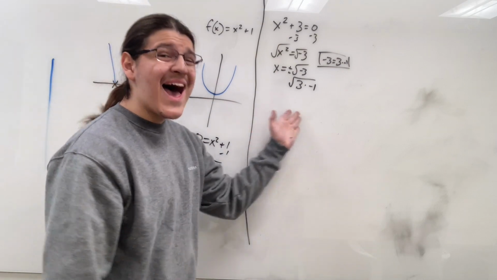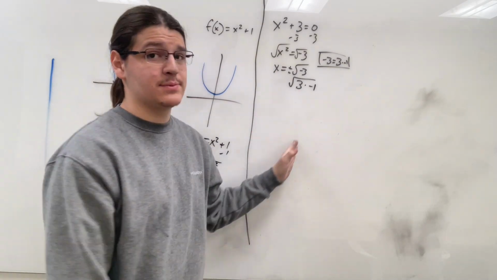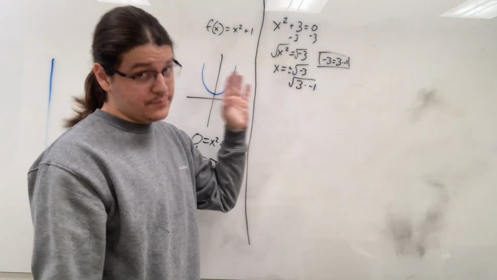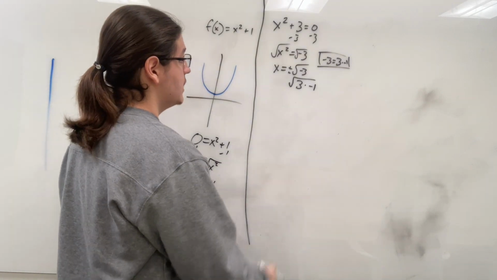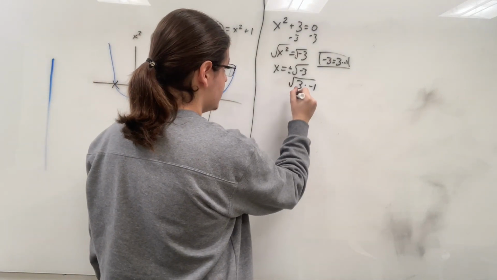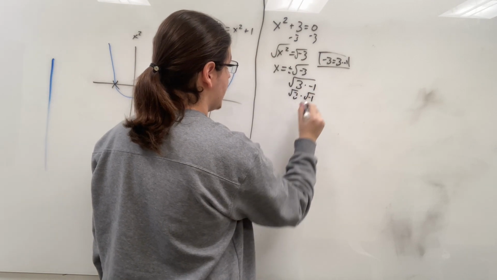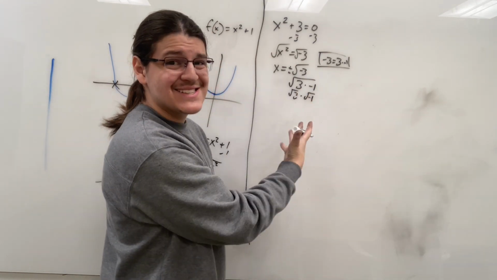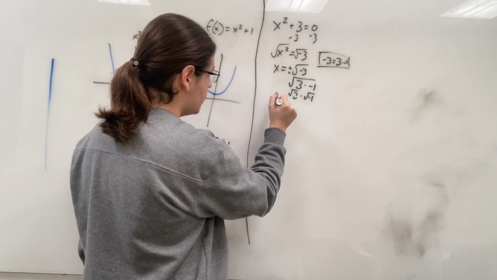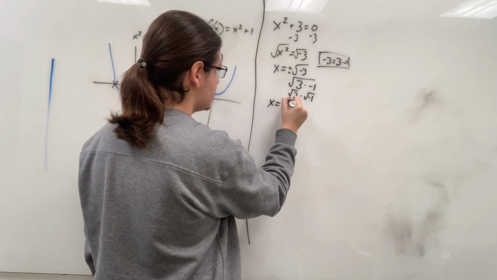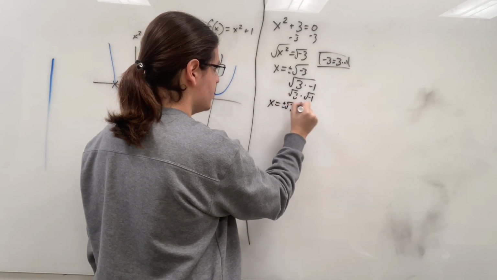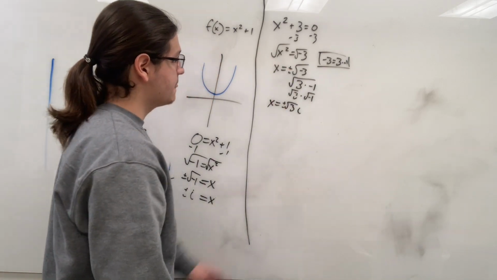Now, when we're adding within radicals, we can't split it up like that. But when we are multiplying, yes, we can. So this is just the square root of 3 times the square root of negative 1, which is just i. So x is equal to plus or minus root 3 i. And there we have it.